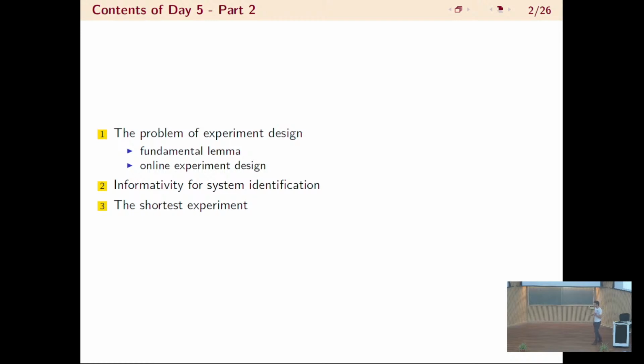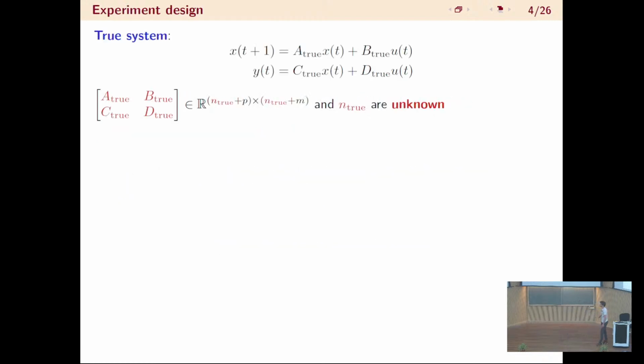I briefly then want to recap the conditions for informativity for system identification. And then finally, we'll design the shortest experiment for linear system identification. Okay, so let's start.